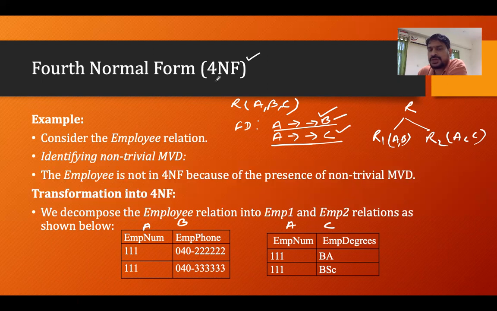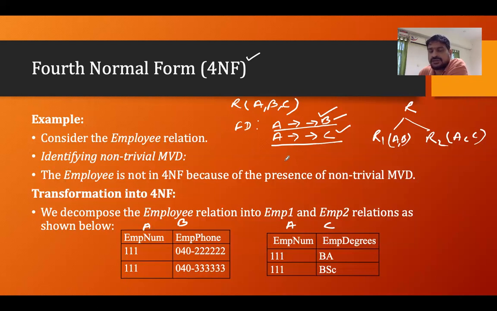It says that your relation should be in the third normal form, and if you have a multi-value dependency, then you have to identify it and split it.